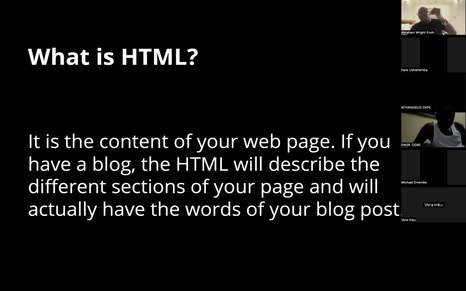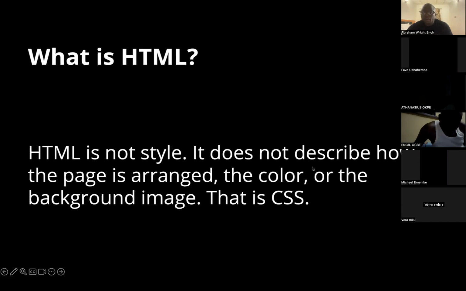The website is divided into 3 sections: the header, the body, and the footer, just like a human being, the head, the body, and the foot. So also in HTML, a website is divided into these 3 sections. Okay, so HTML is not a style. The part that handles the style is the adjective part, which is CSS.